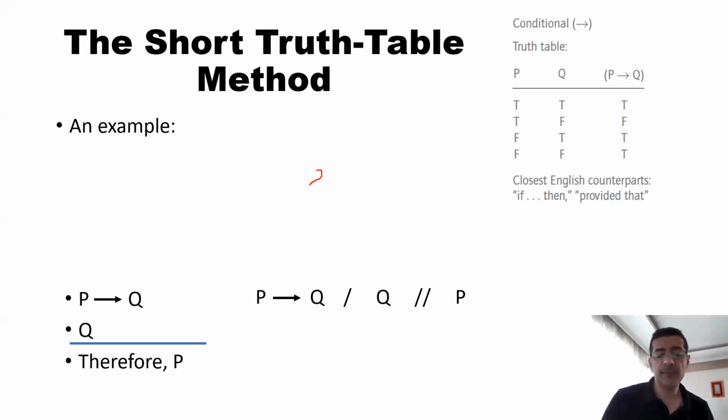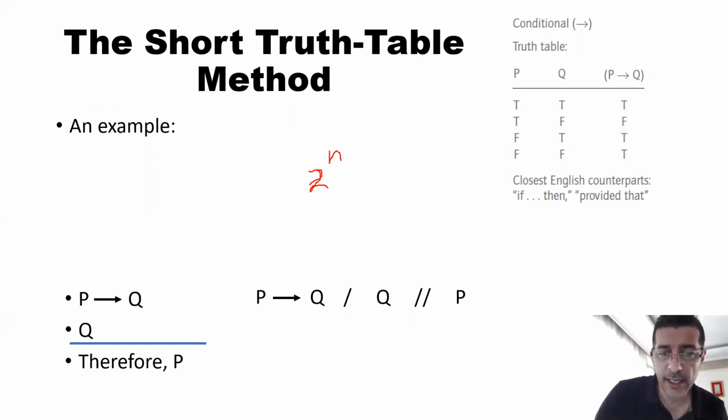Remember I told you that in order to write the number of lines, we'll have to raise 2 to the nth power of propositions, right? Because we said the number of lines or rows is a function of the number of propositions. So in this case, what we could write is 2 to the power of n.